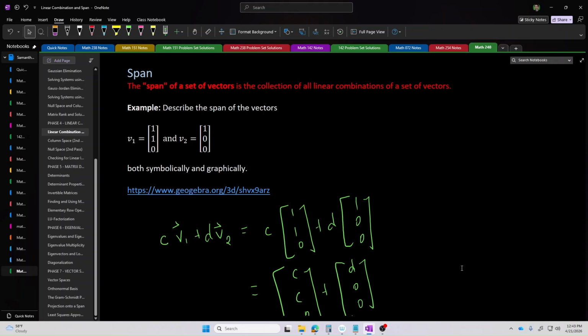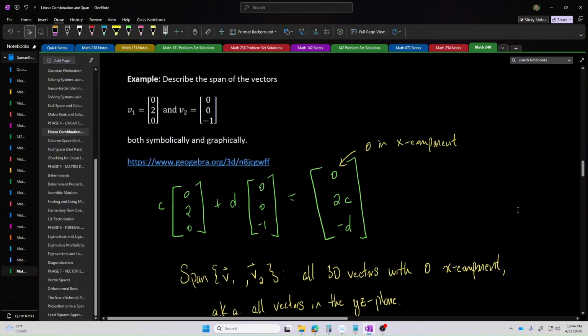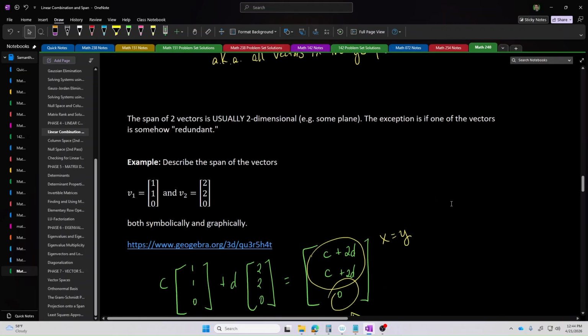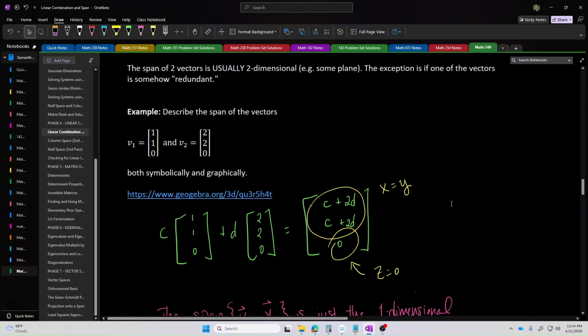Sometimes when you span two vectors, you get something that's two-dimensional. Sometimes when you span three vectors, you get something that's three-dimensional. But sometimes there is a redundancy in the set of vectors that you're using to do the span. And if there's a redundancy between your vectors, the span usually ends up being smaller than it seems like it should be.